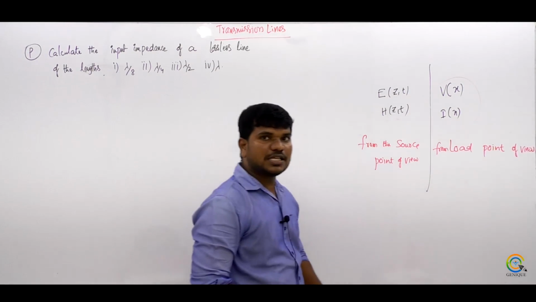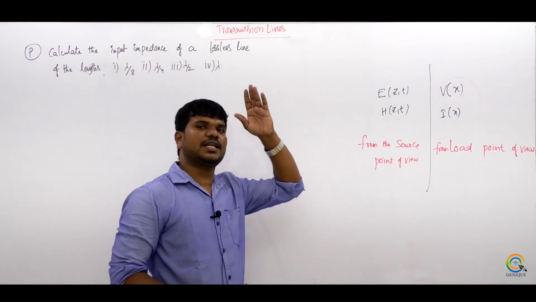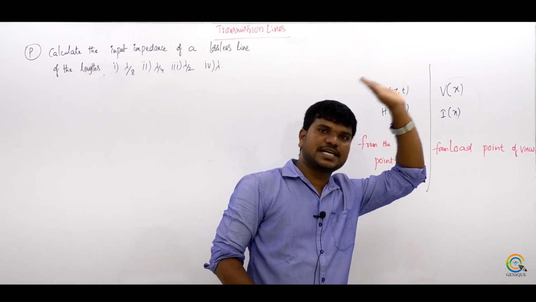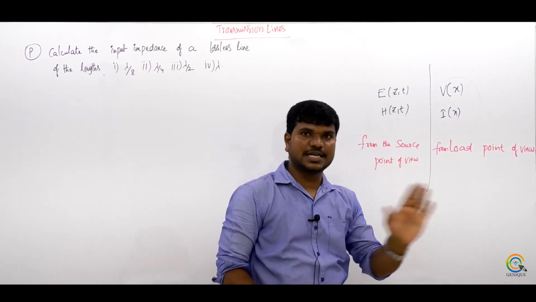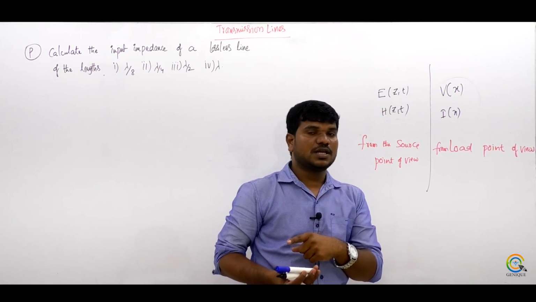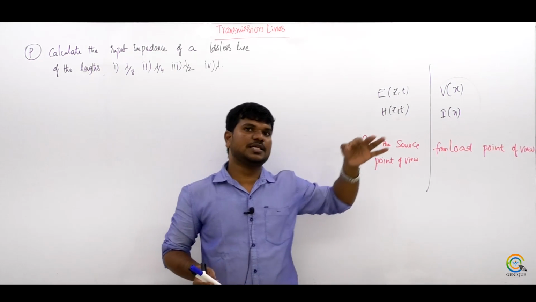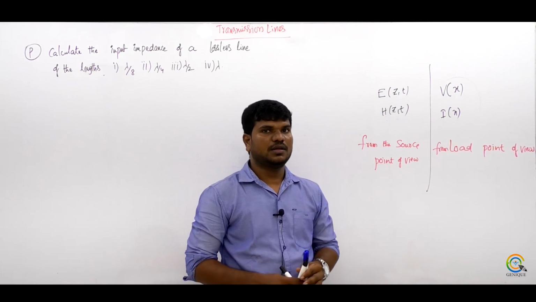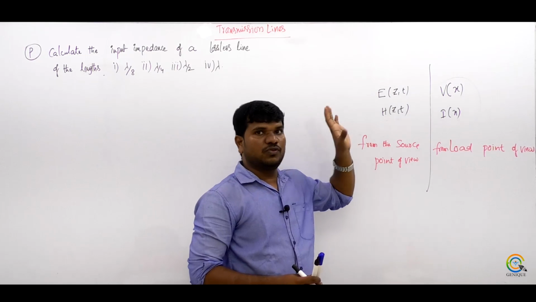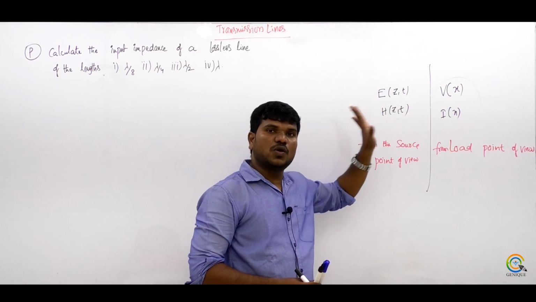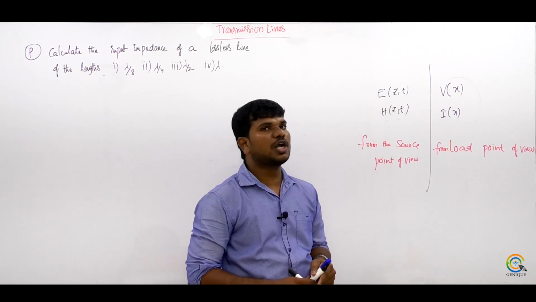So always we have to calculate from the load. We don't know where the source is, where the generator is, so we won't talk about the generator. But for the EM waves, we will start from the generator only. Here we will be analyzing from the load point of view.